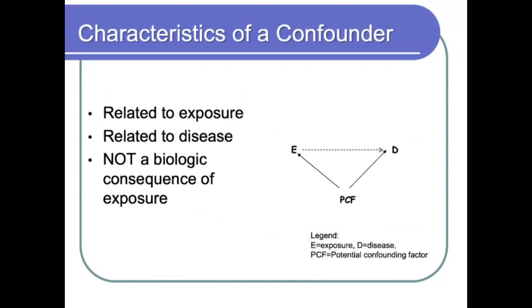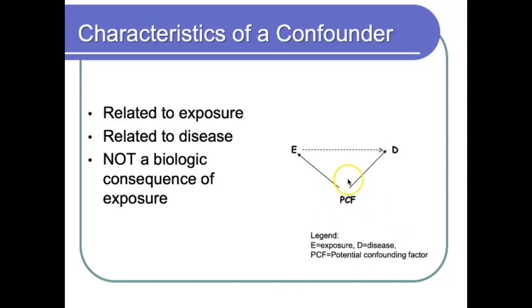So there are some very specific characteristics of a confounder. In order for a variable to potentially even be a confounding variable, it has to be associated with our exposure variable, and it also has to be associated with the disease variable or the outcome variable.